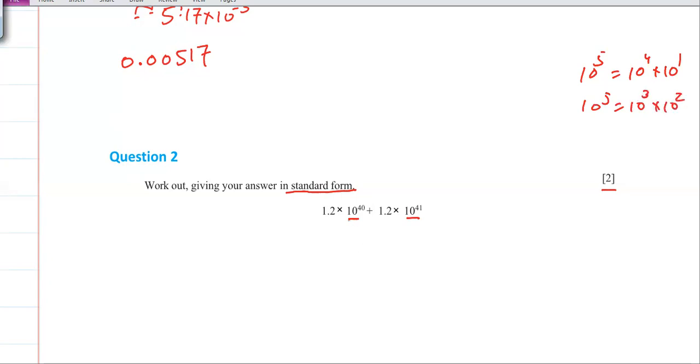So right now you want to make the same power, 10 power 40 for both of these. So you can write 1.2 into 10 to the power 40. This is already 10 power 40, plus for this one you can write 1.2 into 10 to the power 40 into 10 power 1. That will be the way. Because always in such a situation it's better to make the power of 10 the same.